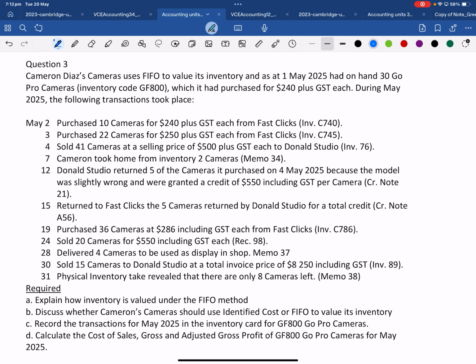Firstly, we don't have to really worry about the question to answer the first one. However, what is the question? Cameron Diaz's cameras use FIFO to value its inventory as at 1st May. We had 30 GoPro cameras, 240 each, and so on.